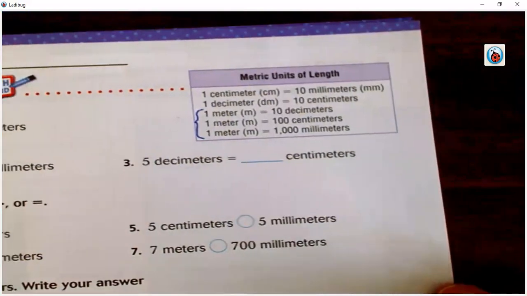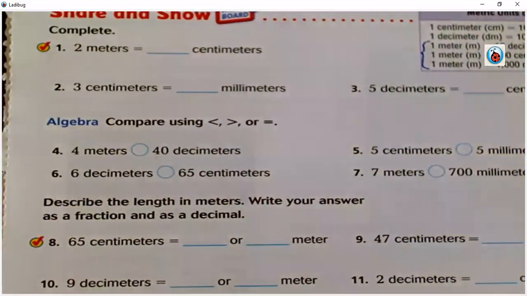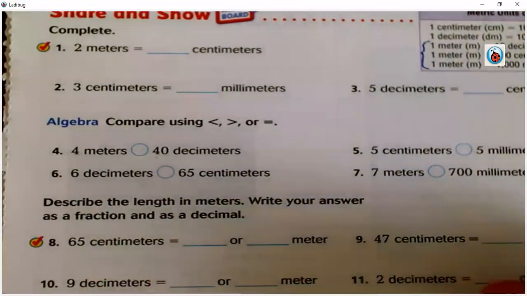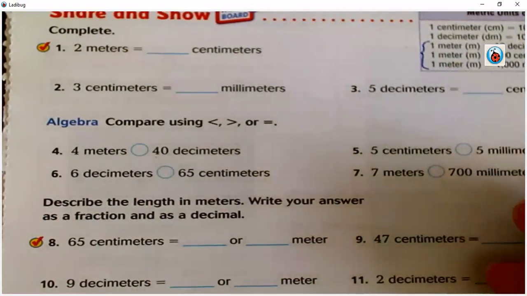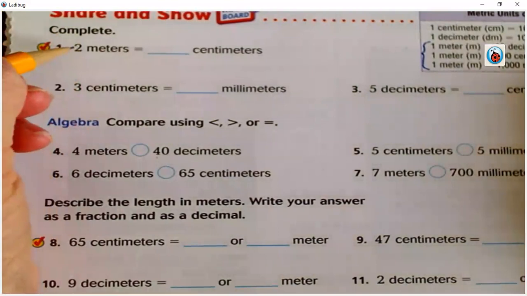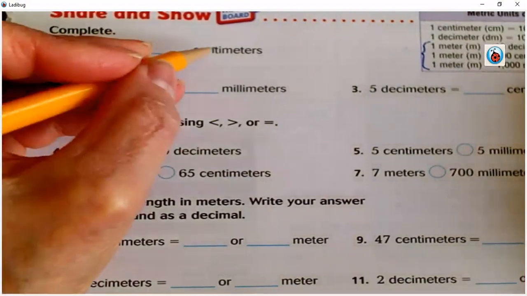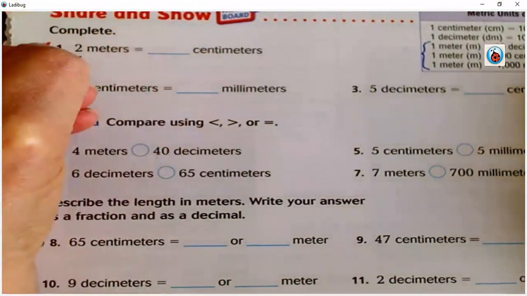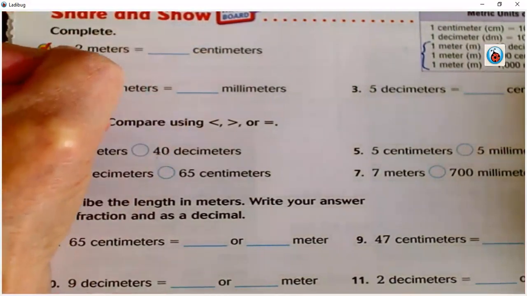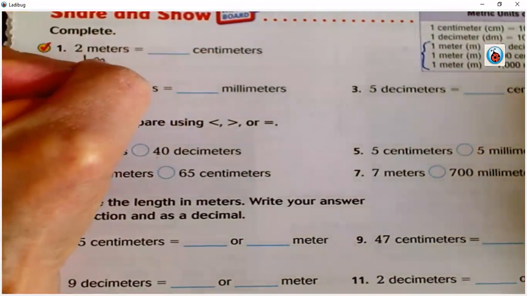Wonderful. Now I want to show you a way that you can use the idea of fractions, and writing these out as fractions is really helpful. I really like this idea. So if I'm asked 2 meters is equal to how many centimeters? Well, I know that 1 meter is 100 centimeters.